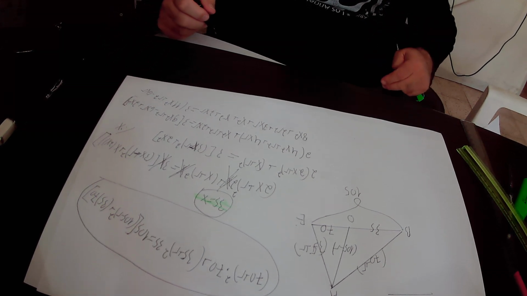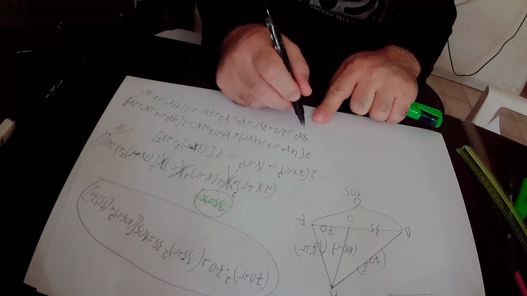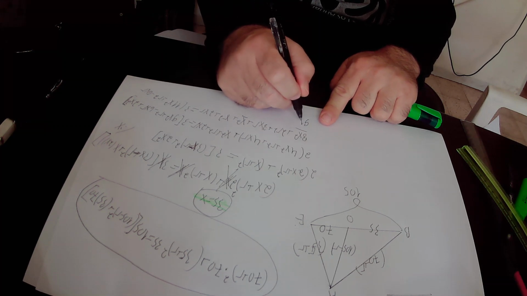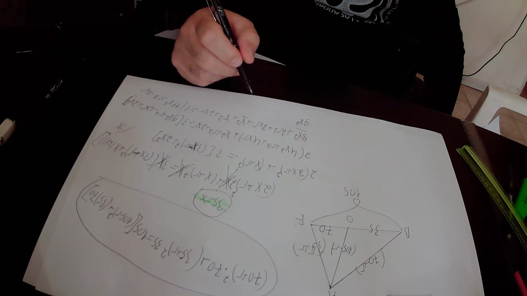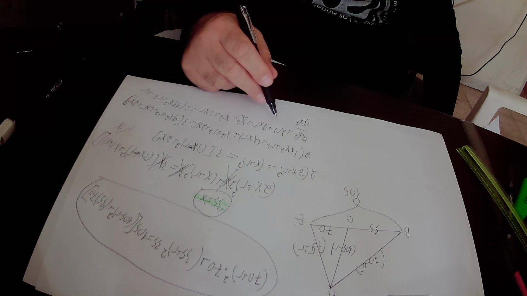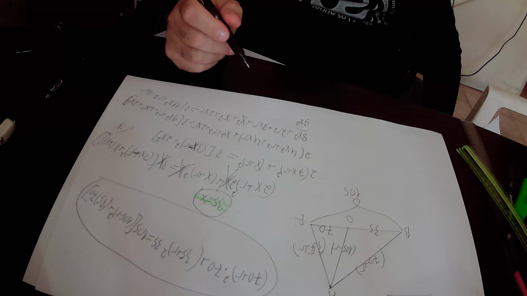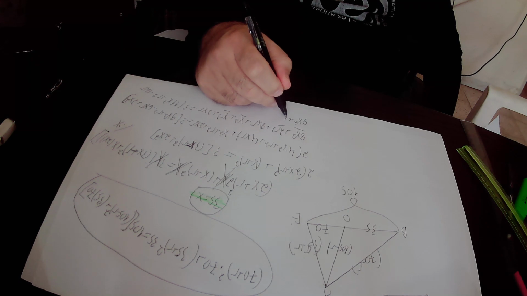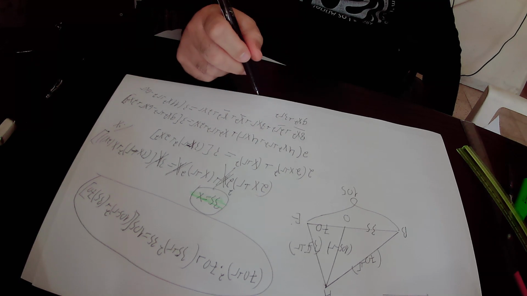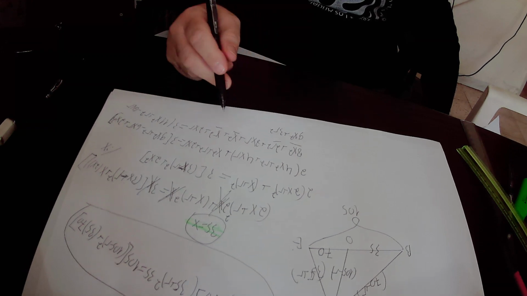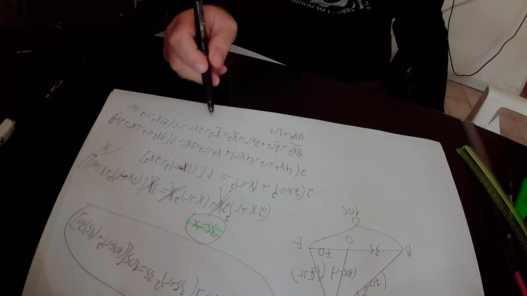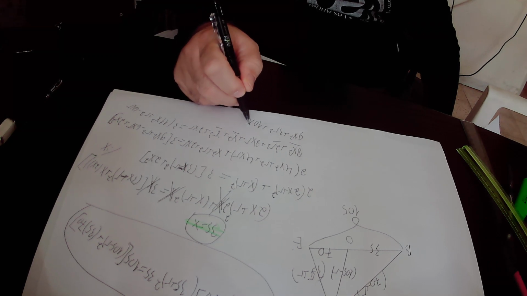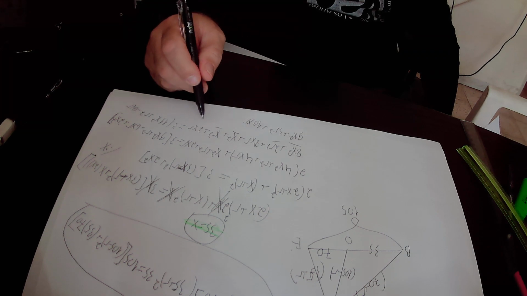Okay, so here we have 8x squared plus x squared is 9x squared. We have here 2r squared plus r squared is 3r squared. And 8xr plus 2xr is 10xr.